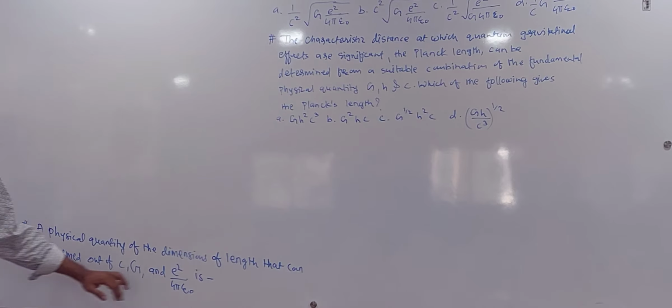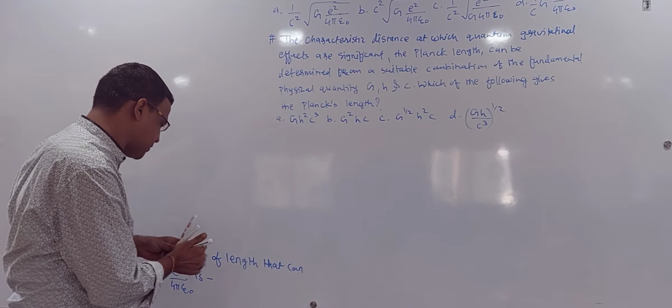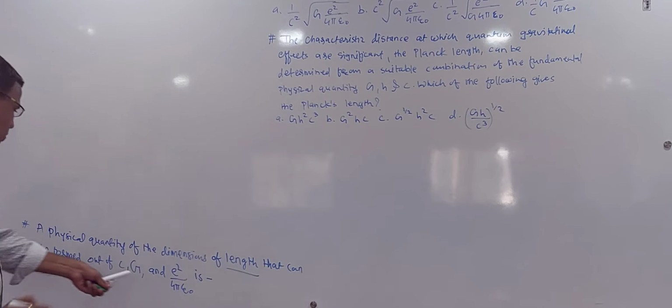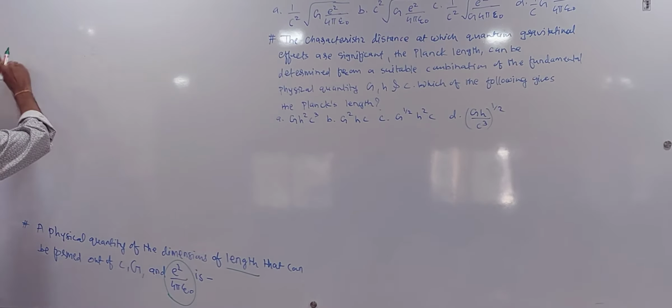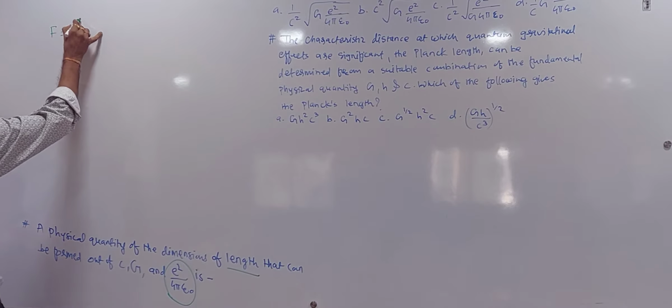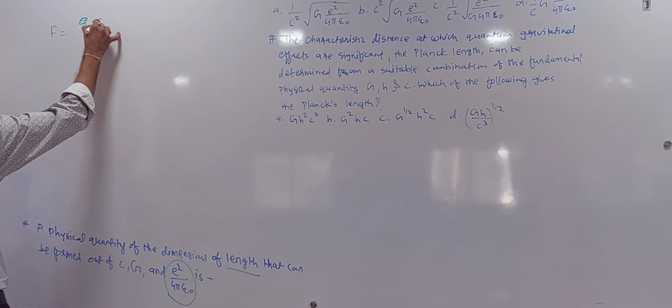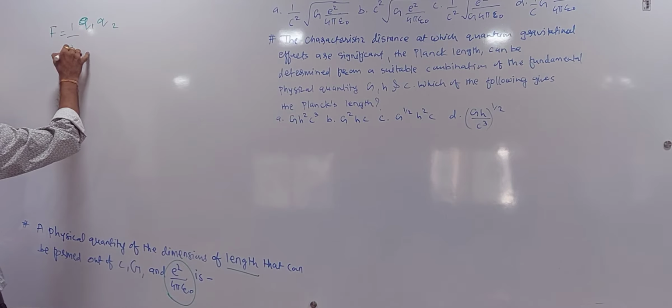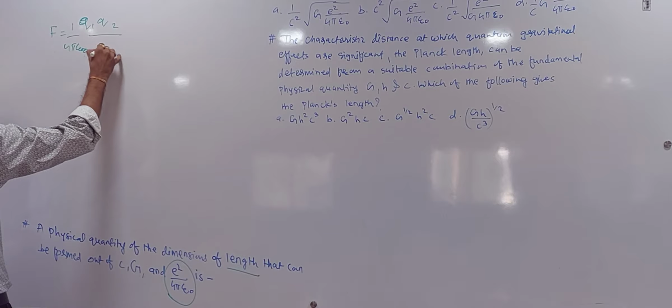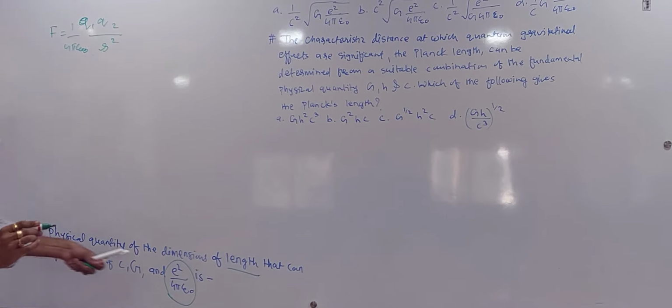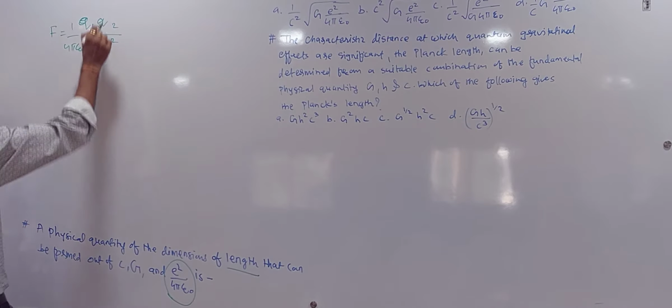A physical quantity of the dimension of length they are asking, to be formed out of c, G and e square upon 4 pi epsilon 0. So e square means, we call it Q1, Q2, 1 upon 4 pi epsilon 0 or epsilon naught, this is r square. So what is the meaning of e square upon 4 pi epsilon 0?